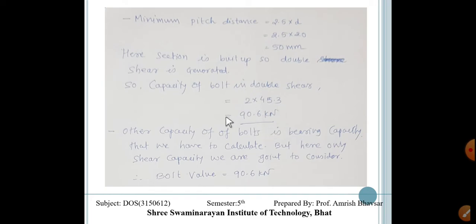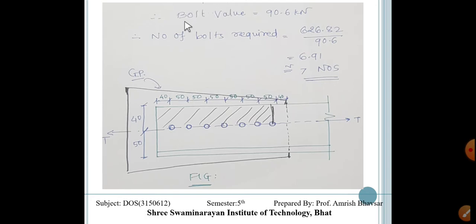We are not going to find the bearing capacity because the example is of a tension member, and there is no need for this kind of calculation. Now we have the bolt value, that is 90.6 kilonewton.